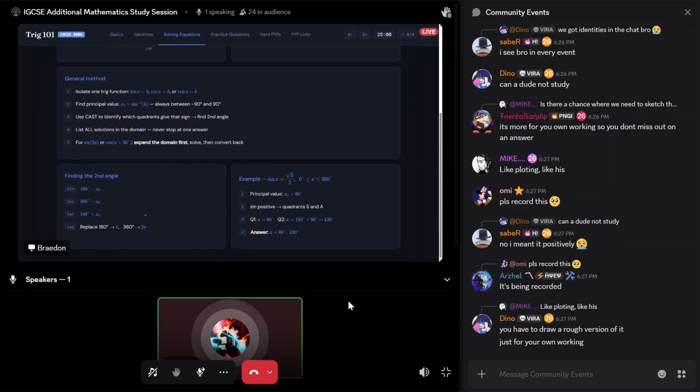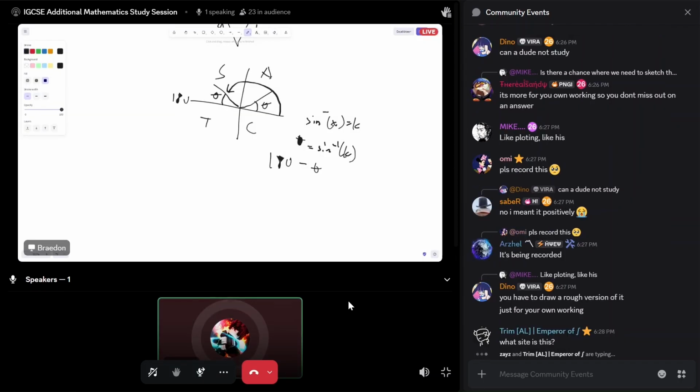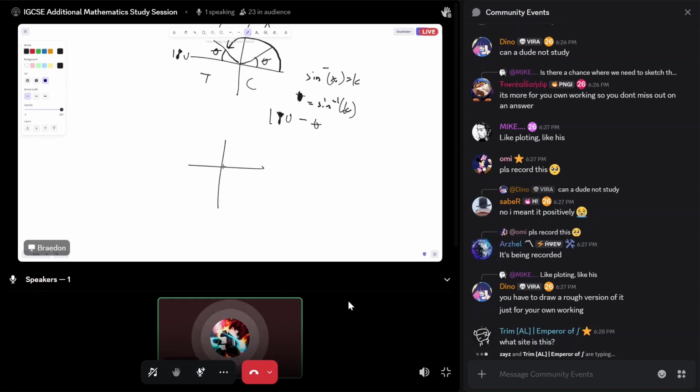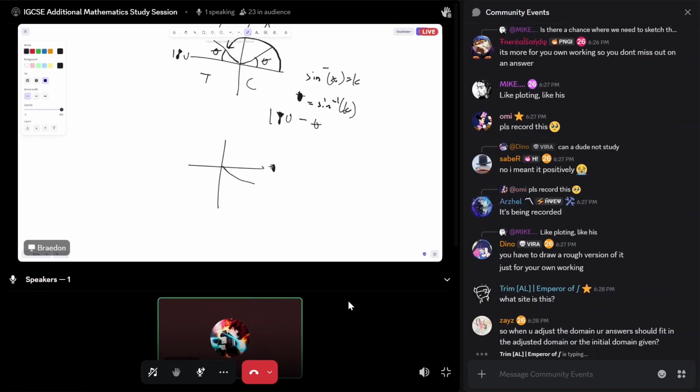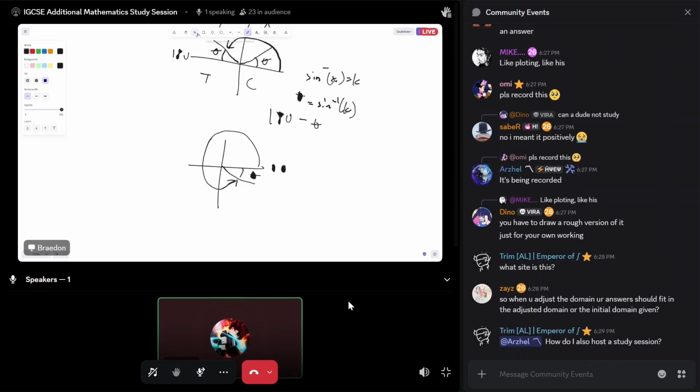If you don't want to think about it much, you can memorize how to find the second angle. For sine, I just drew 180 minus principal. Cos is 360 minus principal, because if an angle is plotted on the x-axis at 0, this is the principal value, and you start at 0 and go around. This is the angle that you're measuring, so it's 360 minus the principal value itself.